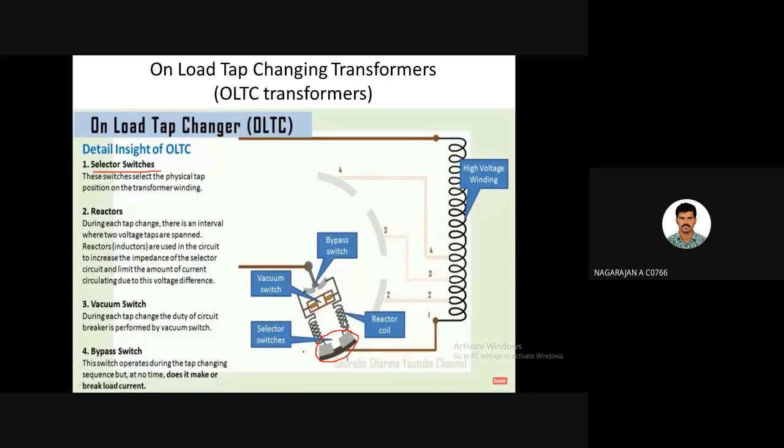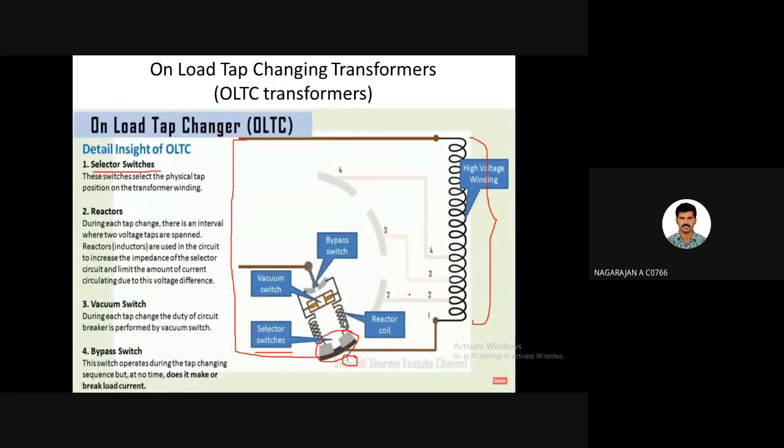For example, look, the selector switch is now connected at tapping 1. We are getting voltage from this point to this point. What does it mean? The entire winding is connected with the circuit, which means full voltage is available.